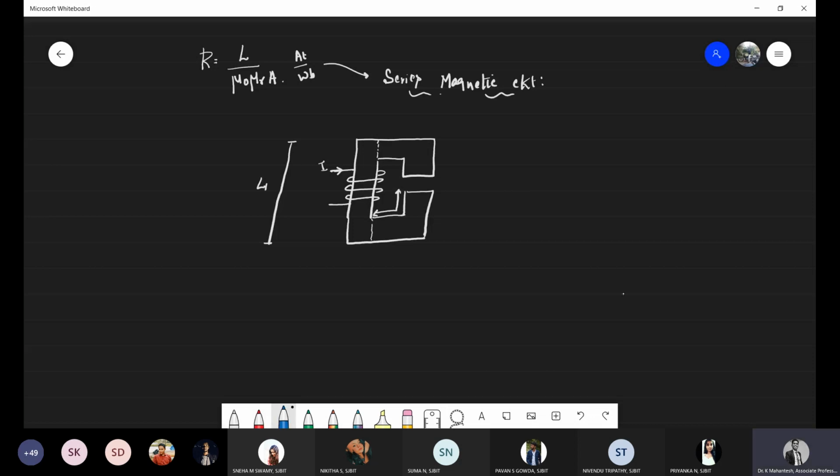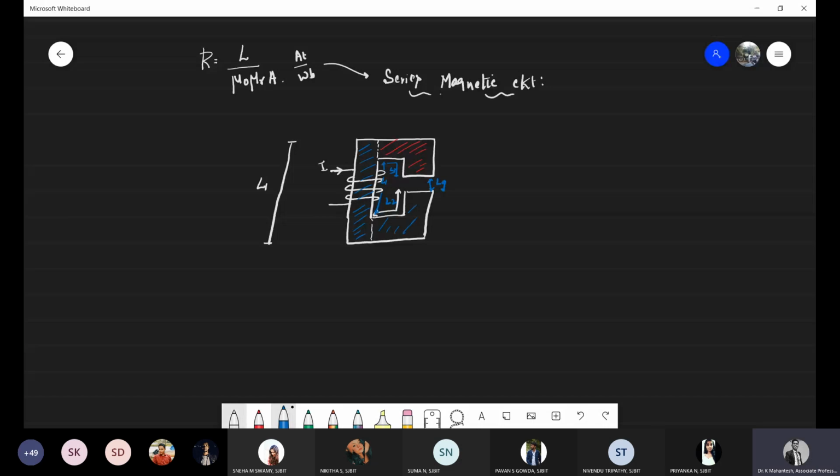Let me mark it in a different color. This is L2 and this is L1 and this is L3. And the length of this gap is Lg, the air gap. So this is one material, mu R1 with L1. This is another material, mu R3, and this is another material, mu R2.